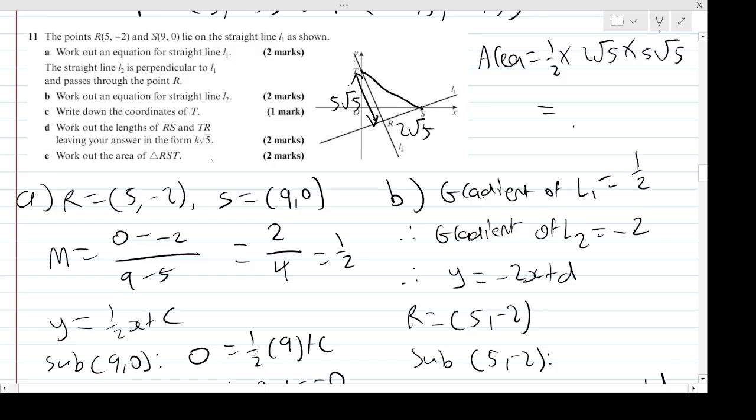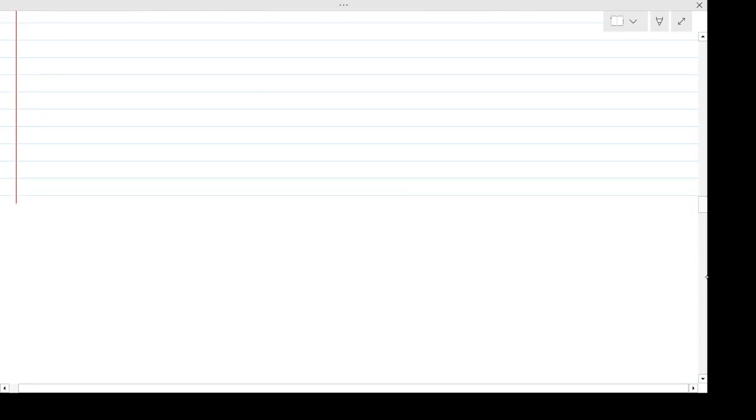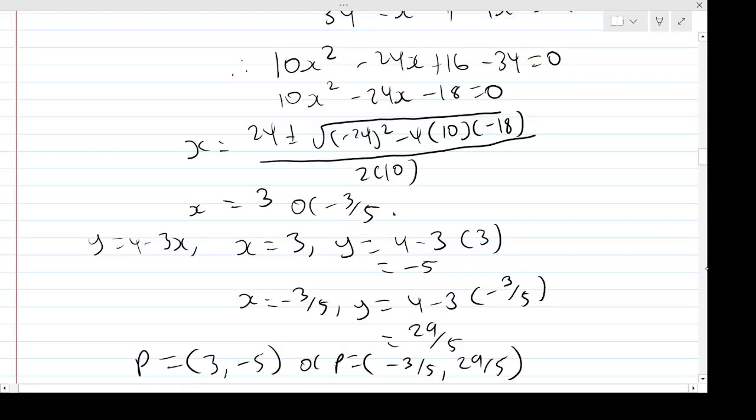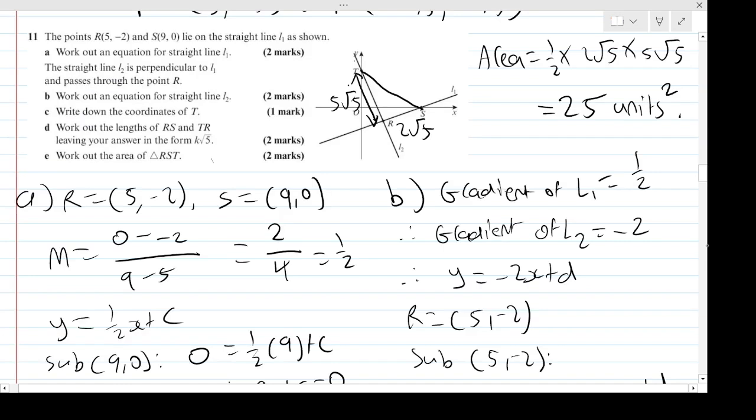If you do that, you should get 25. We could call that units squared if you wish, but there we are. 25 is the area. Cool. So you can see the usefulness of finding distances and lengths, which you can then use to find areas of shapes, because once you find the lengths of the sides, you can use the area formula.